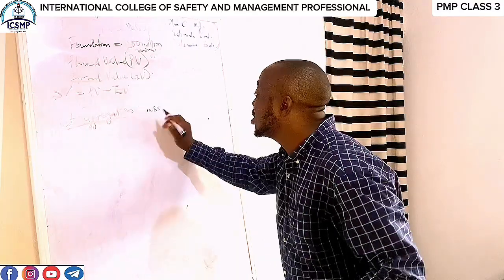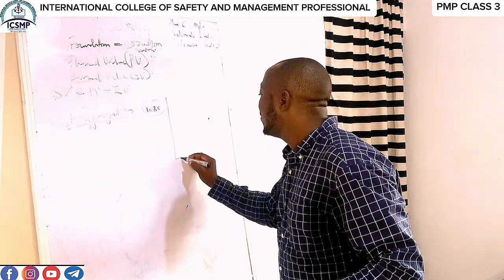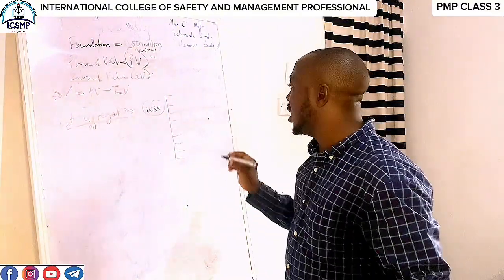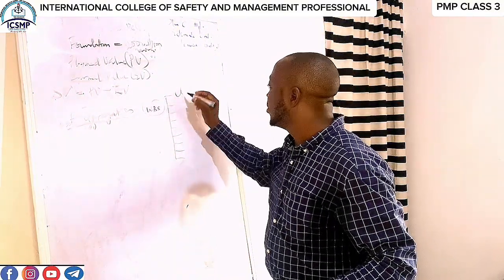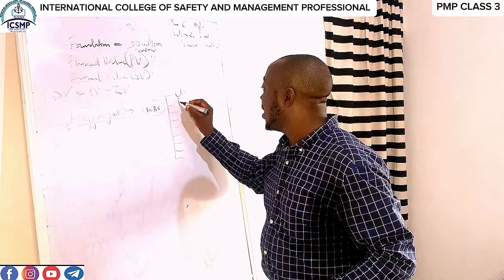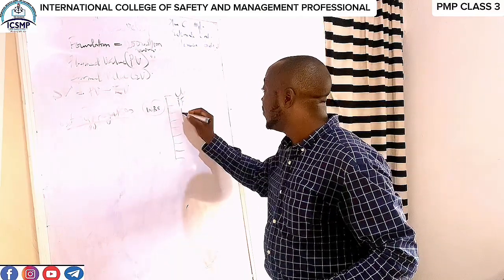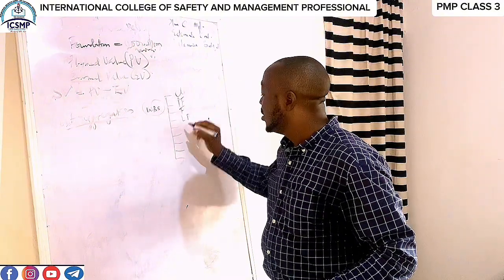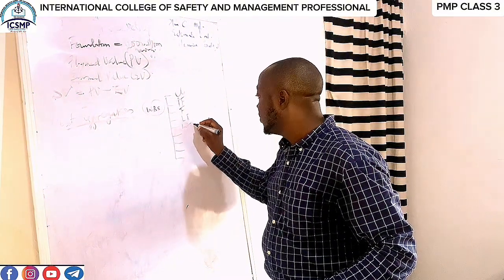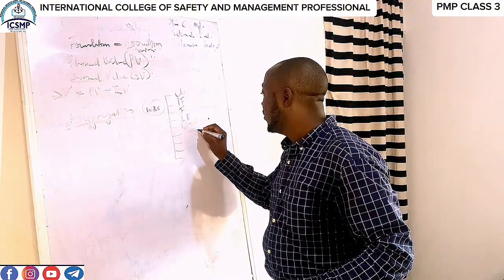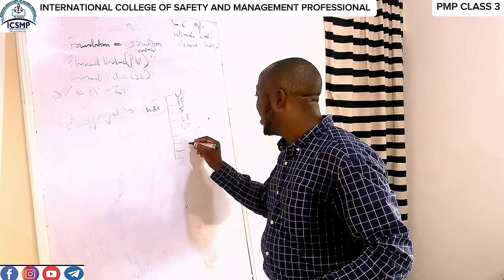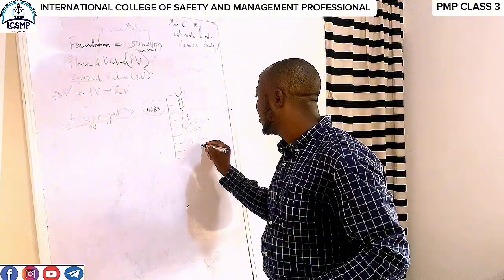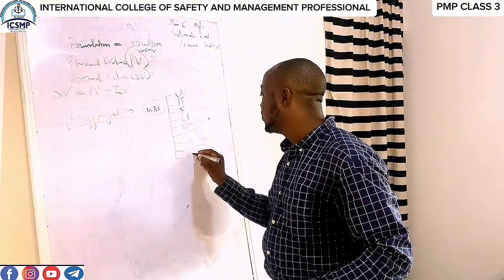So having considered our work breakdown structure, maybe we have divided the entire project into, okay, let's use construction as an example: clearing of site, perimeter fencing, foundation, laying of blocks, lintel, roofing, external aesthetics, internal aesthetics, and then finishing.